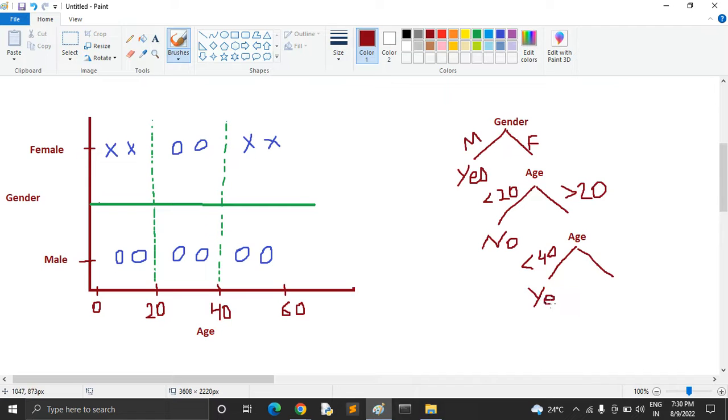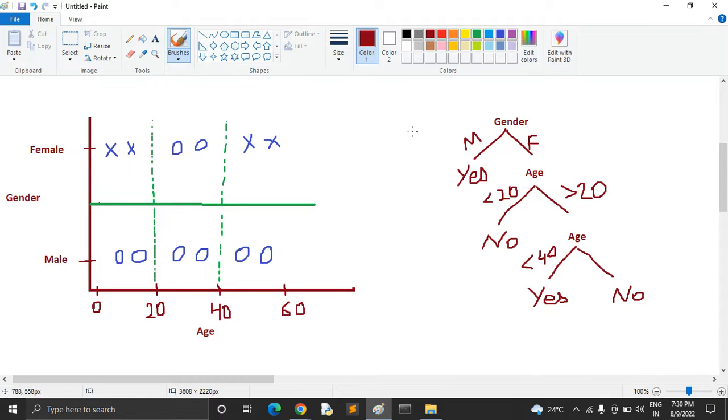It's a yes. And if the age is greater than 40, they will dislike the movie basically. So this is the way decision tree works. Based on multiple scenarios, it will try to have a class with fewer impurities in it.